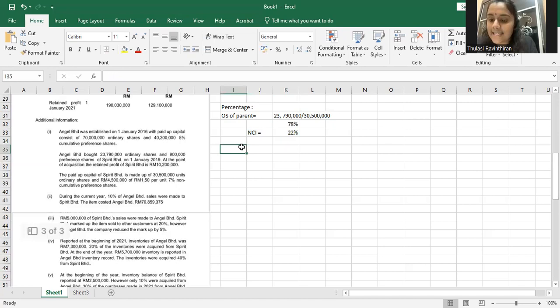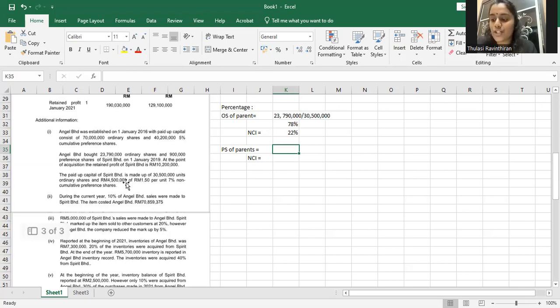Secondly, I calculate the percentage for preference shares of parent and non-controlling interest. Take units of preference shares for the parent divided by units of preference shares for the subsidiary. In the question, the total amount of preference shares and cost per unit are given, but we need the units of preference shares.